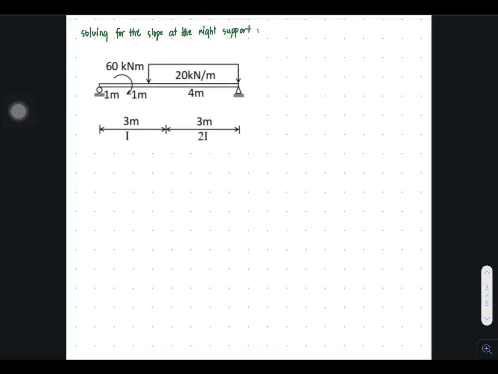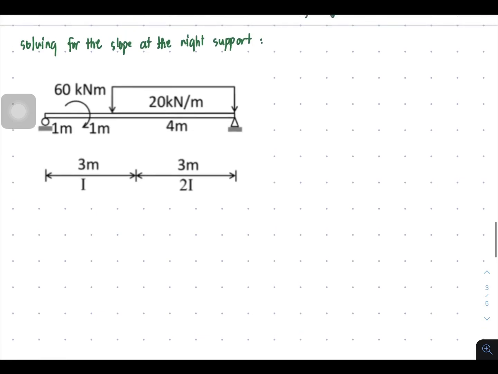So let's have the solving for the slope at the right support. As you observe, we have here a different illustration of the beam. I opted to have this beam as clean, denoting that it's not the same as the previous solution. And I won't be placing any point here since we will not be solving for the deflection.